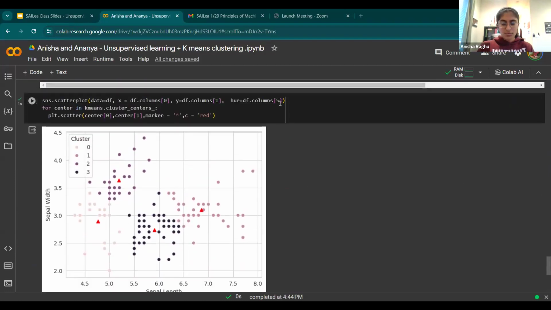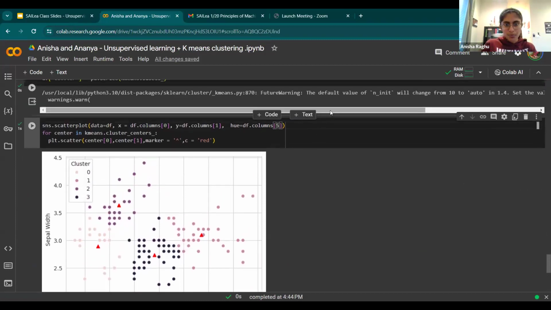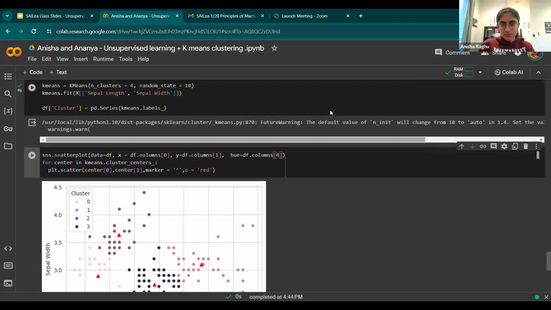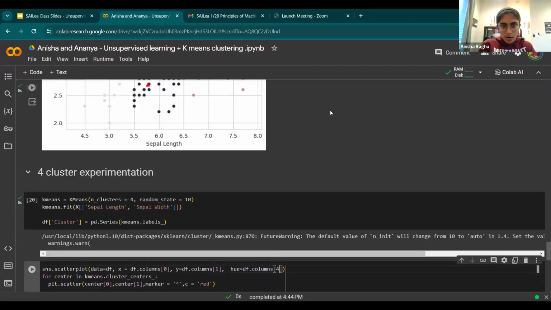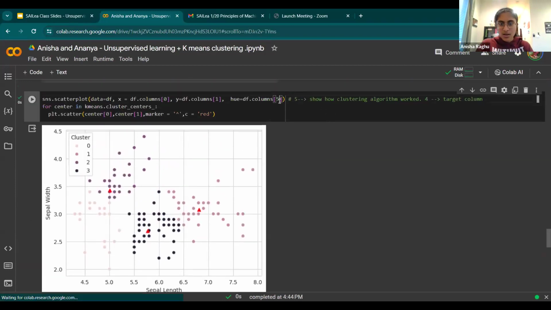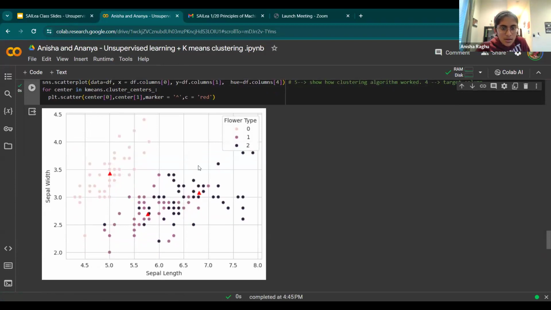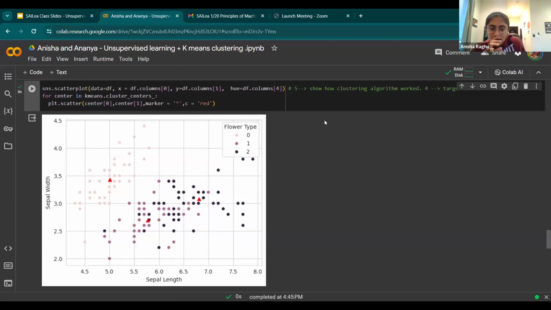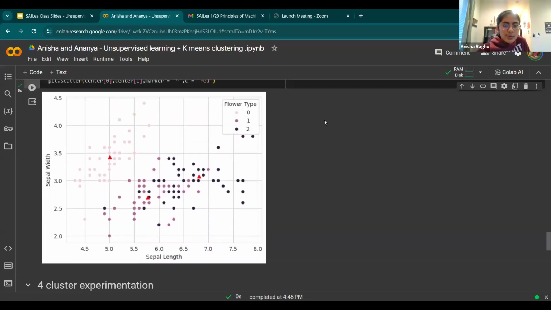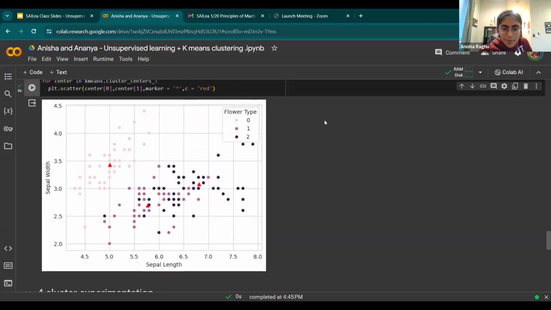But now, just to see and compare side by side, I'll change this back to 4 so we can see how it's supposed to look if we were to cluster it based on the flower type. So as you can see, on this particular choice of using sepal length and sepal width, it wasn't able to cluster it properly.